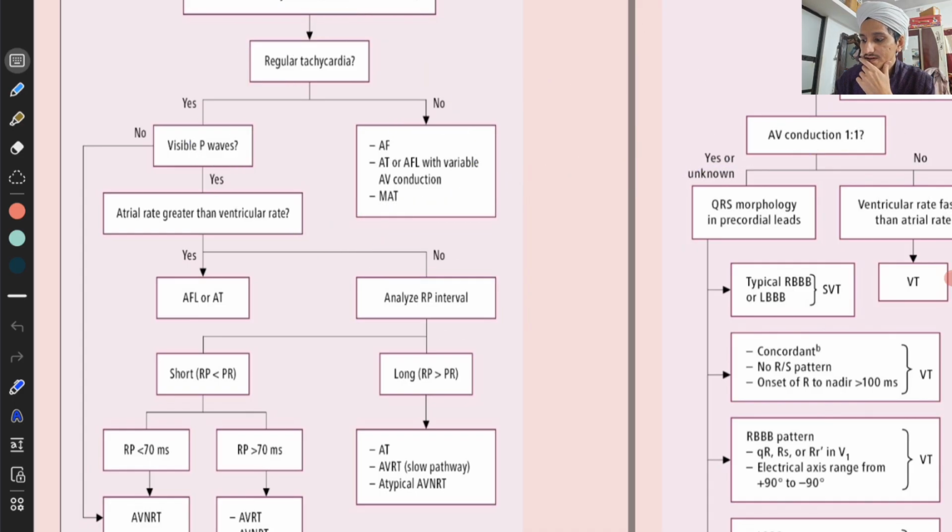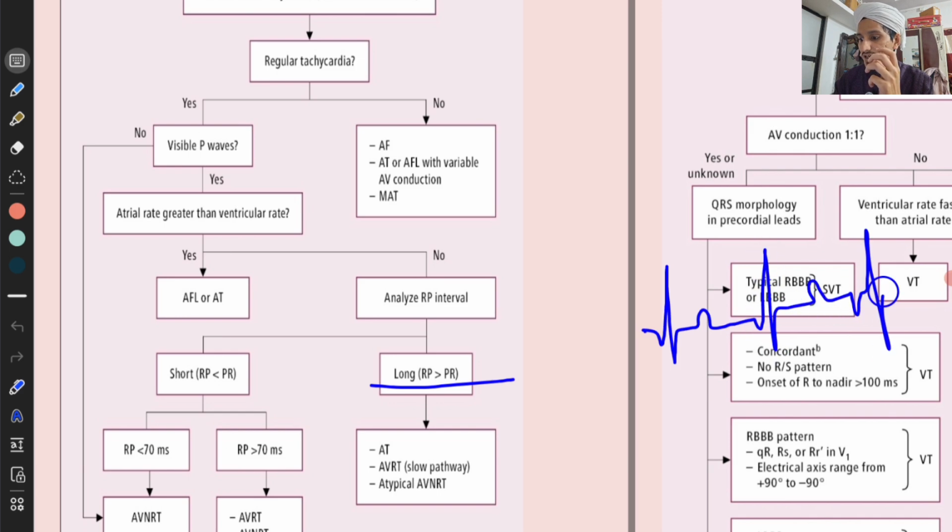If the RP interval is long, then there are only 3 possibilities. RP interval long means the P wave will be abnormal, it will be behind the QRS complex, like this. This is the T wave, this is the P wave, again QRS complex, and again the P wave behind it.